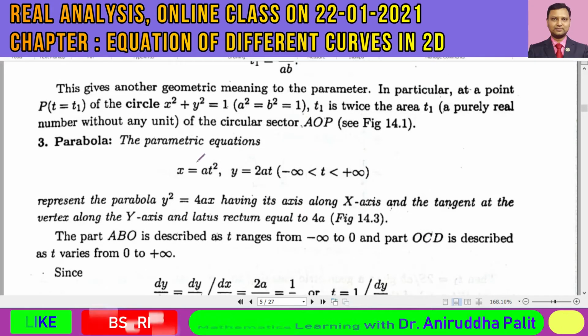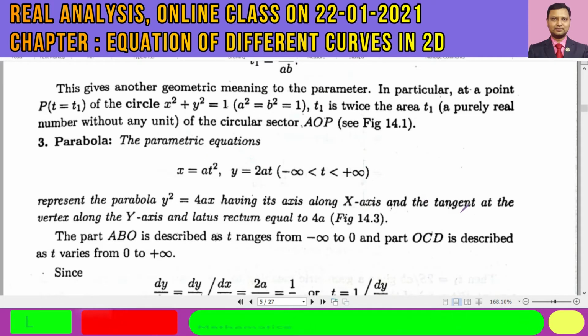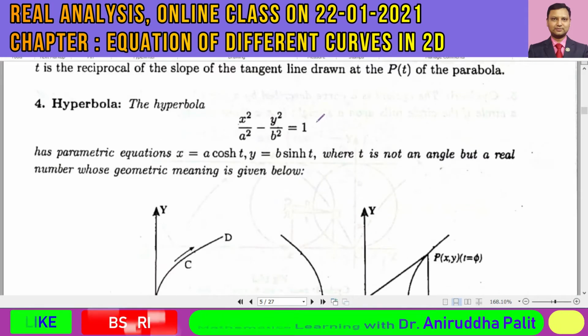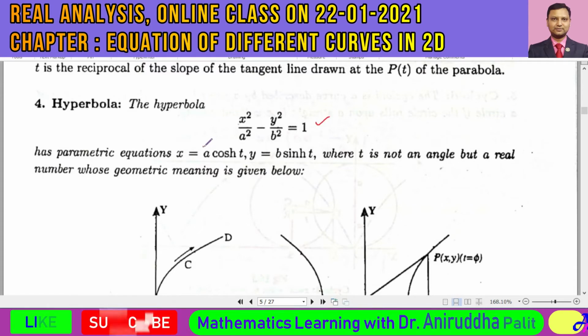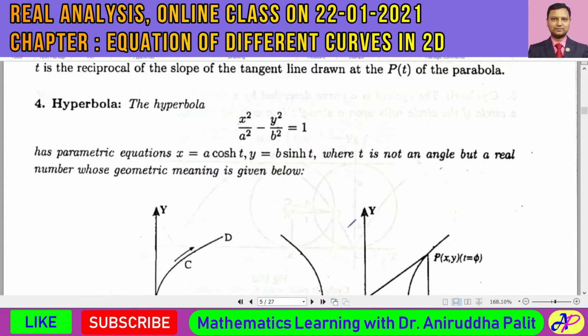This is a parametric representation of a parabola. You all know this representation, so I'm just going through the results only. I'm not discussing anything extra out of this part. If you consider this hyperbola, x is equal to a cos hyperbolic t, y is equal to b sine hyperbolic t. So these are some standard expressions of the parametric representation of hyperbola.